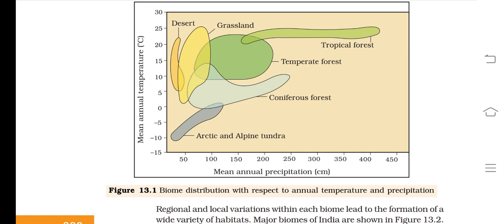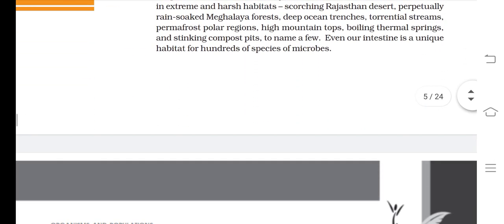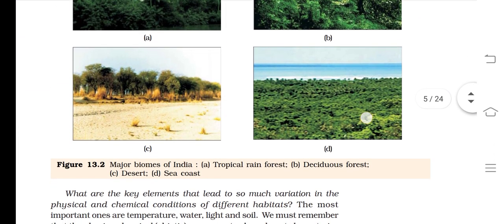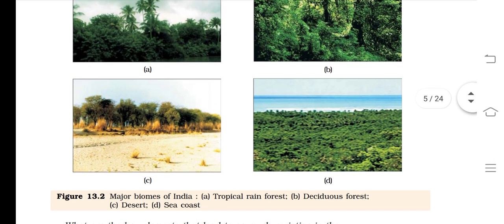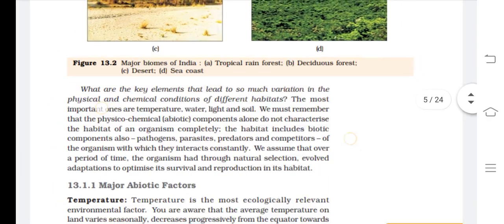First one was desert, second one was grassland, third one was the tropical forest, fourth one was the temperate forest, fifth one was the coniferous type of forest, and last and sixth one was the Arctic and alpine tundra type of biome. And you know that the major biomes of India were tropical rainforest, deciduous forest, desert, as well as sea coast.